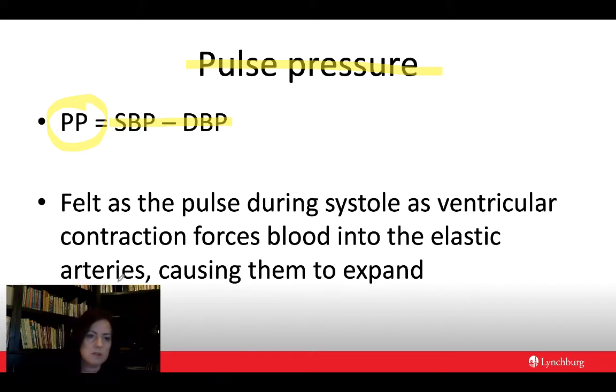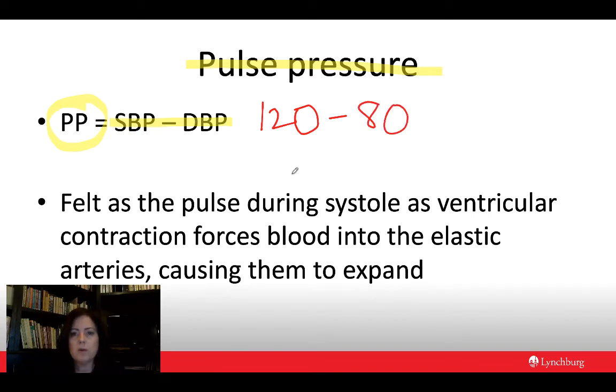For example, if we had a typical systolic blood pressure of 120, and we subtract our typical diastolic pressure of 80, we would end up with a pulse pressure of 40 millimeters of mercury. That's an easy thing to calculate.